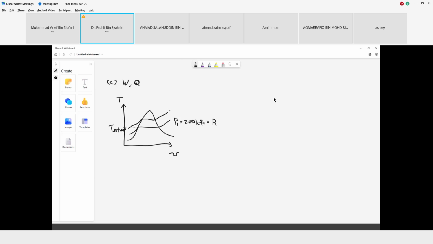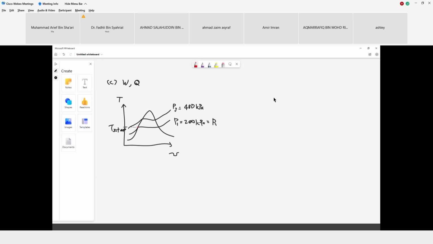It's higher than the previous pressure, equal to 400 kilopascal. Let's point the state.